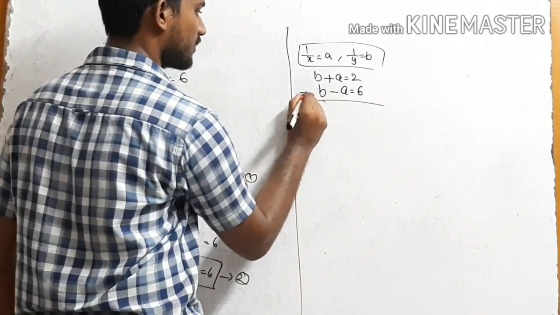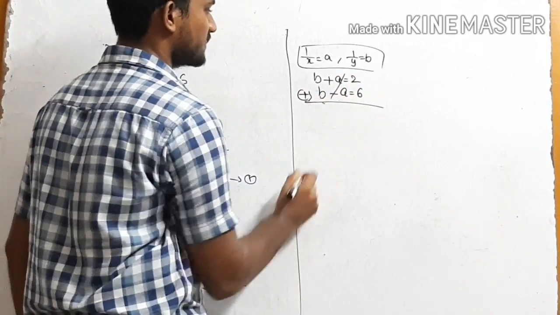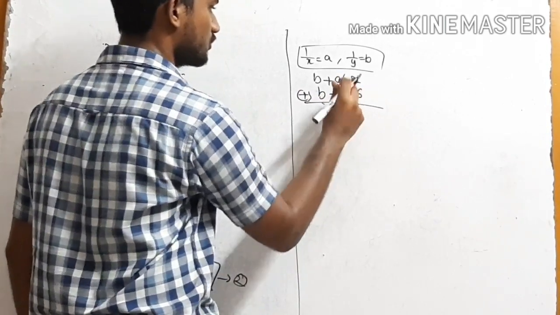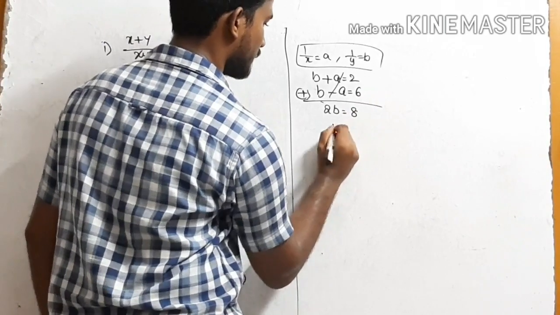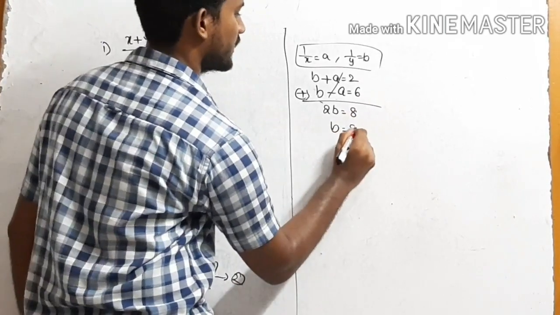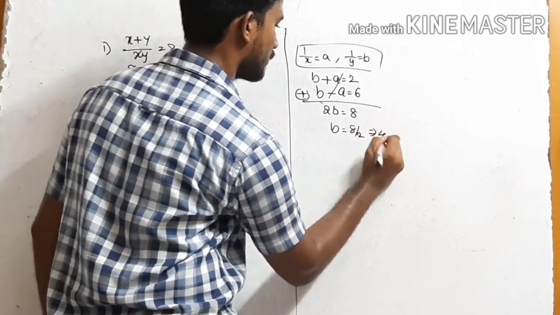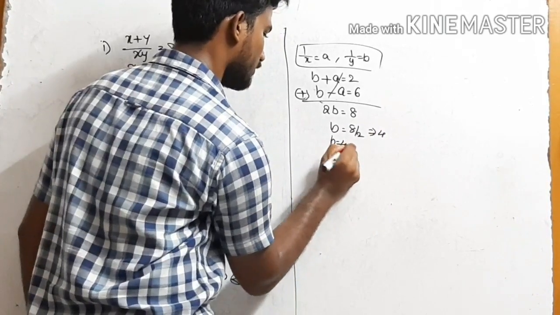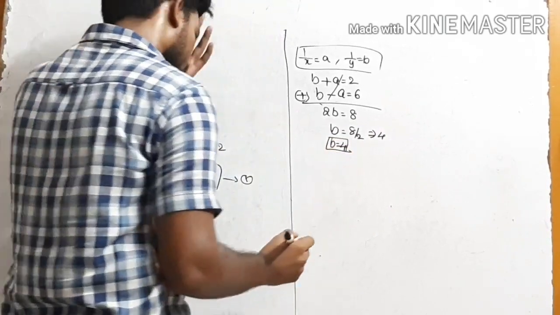By doing addition, a cancels, 2b equals 2 plus 6, which is 8. b equals 8 by 2, which is 4. b equals 4.